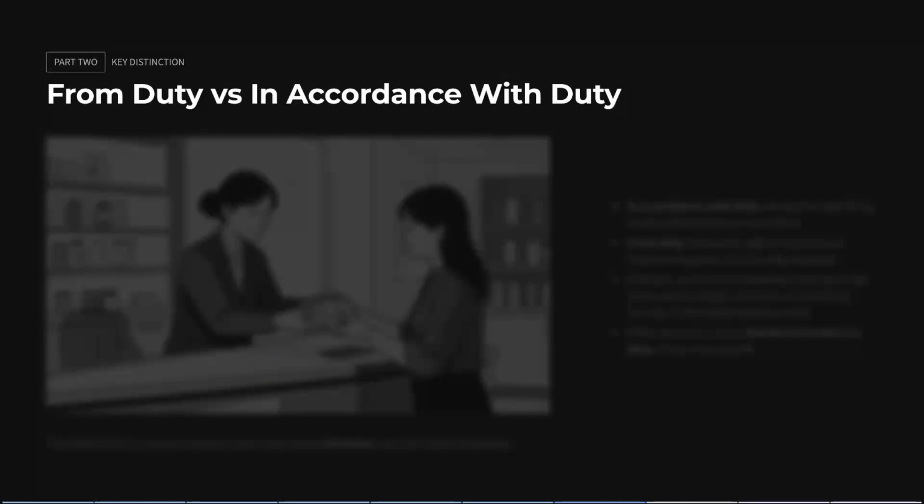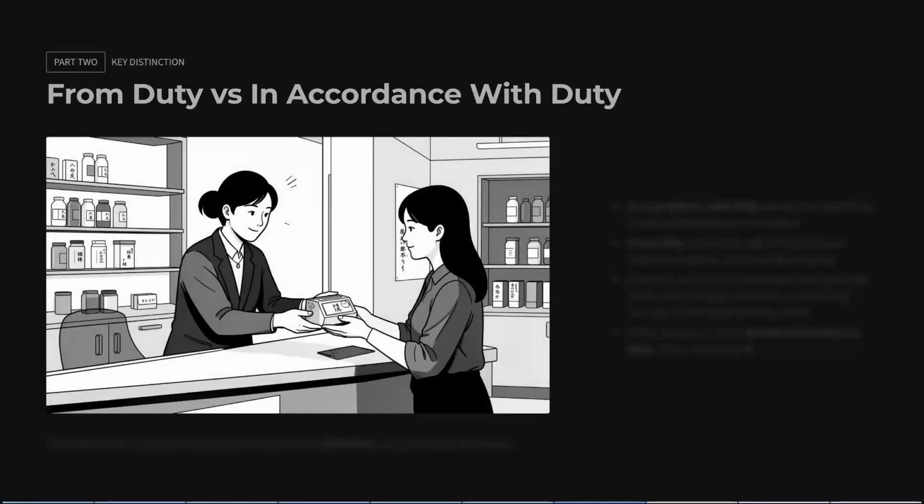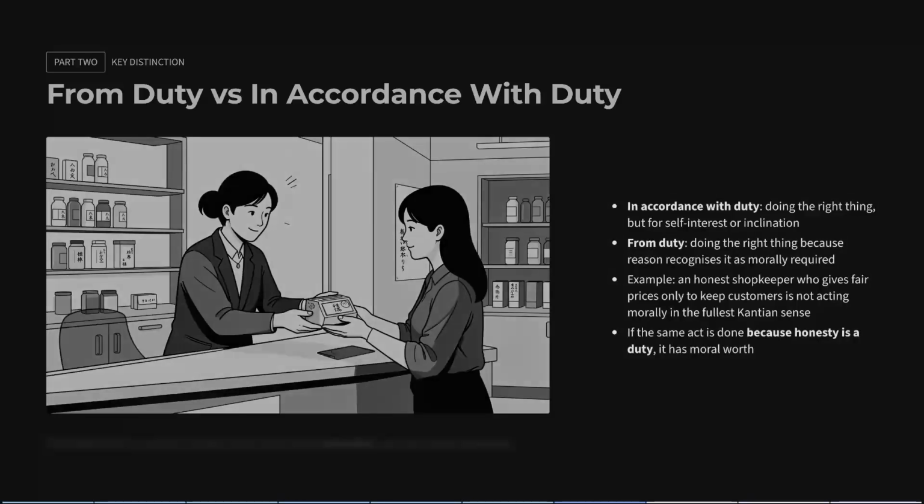And this distinction is one of the most important in the entire course and one of the most commonly confused. It appears simple but carries enormous philosophical weight. Acting in accordance with duty means doing the right thing, but for reasons that have nothing to do with recognizing it as morally required.